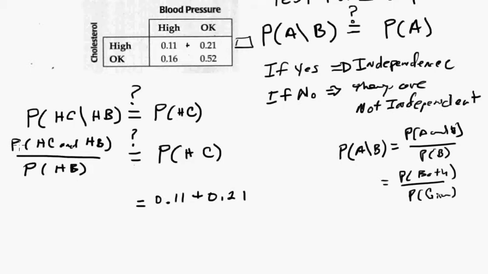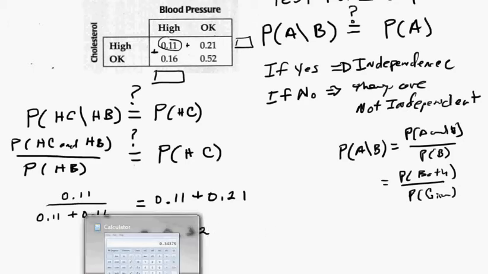And over here, the probability of high cholesterol and high blood pressure is just 0.11. And then the probability of high blood pressure, we would have to add these two to get that marginal distribution. So it would be 0.11 plus 0.16.